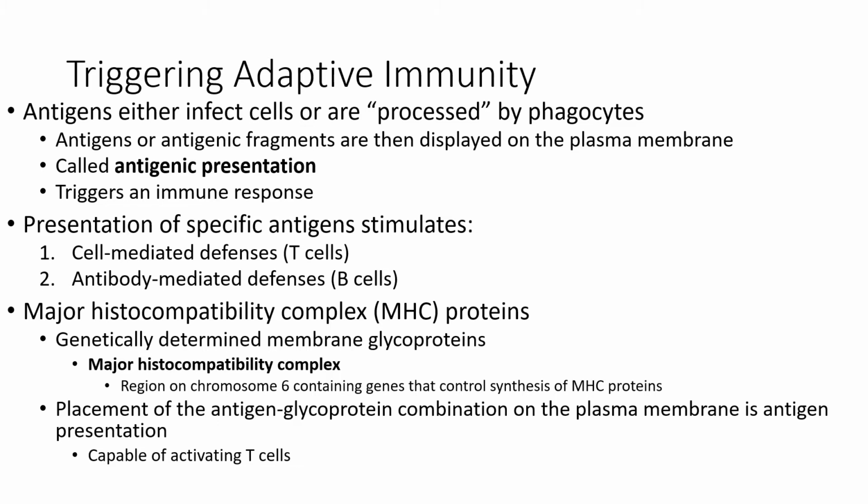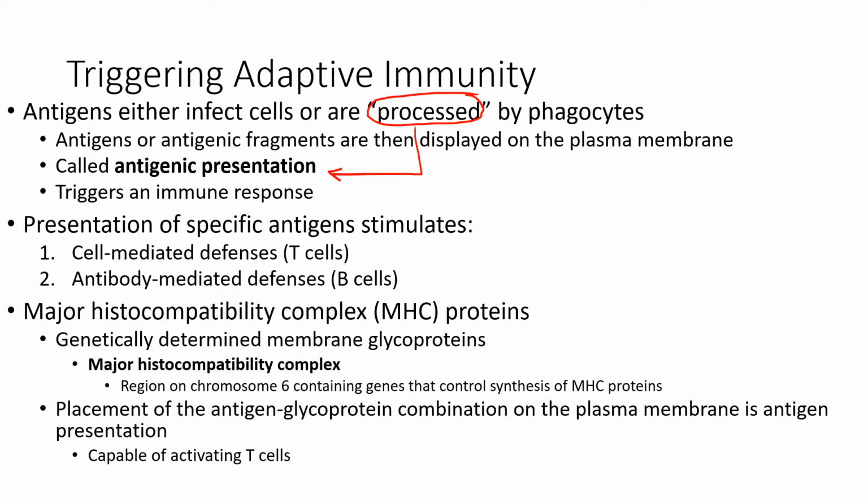And that process of being processed is going to be called antigenic presentation. This is going to be where we have the antigens of the cells that we don't want to be there presented on the plasma membrane of another cell that is then going to present it to other cells to trigger an immune response.